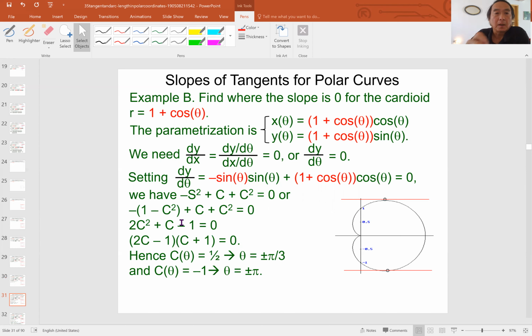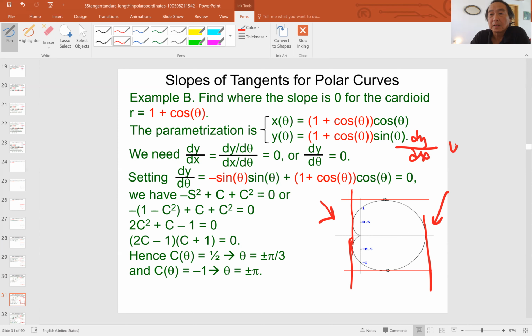Okay. And one of the problems you might want to think about is where the tangent is vertical. Where is dy/dx undefined, if you like, UDF.